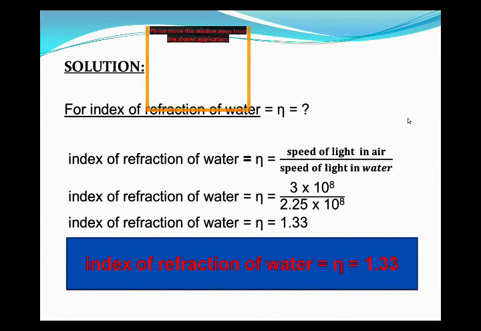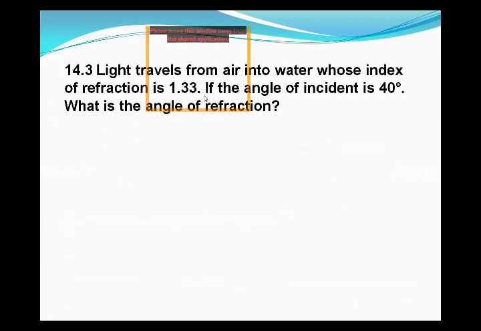So the next numerical we have is 14.3. Here it is a little bit changed compared to the previous one, but the formula is similar.